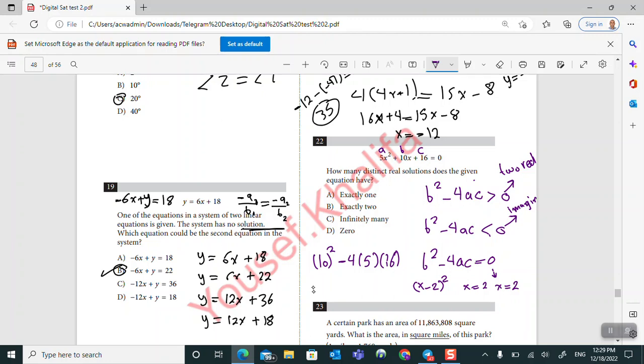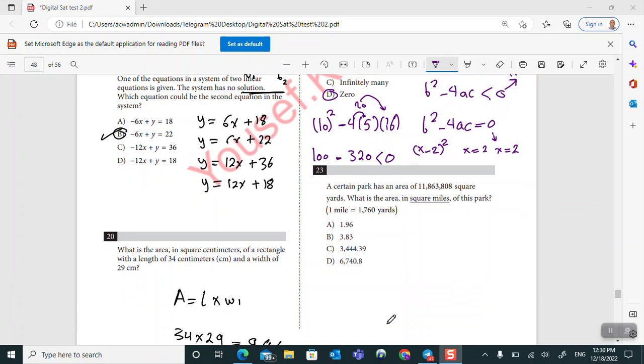So 100 minus, that's 4 times 5 is 20, times 16 is 320. So that's obviously less than 0. So the solution is we have no real solutions.